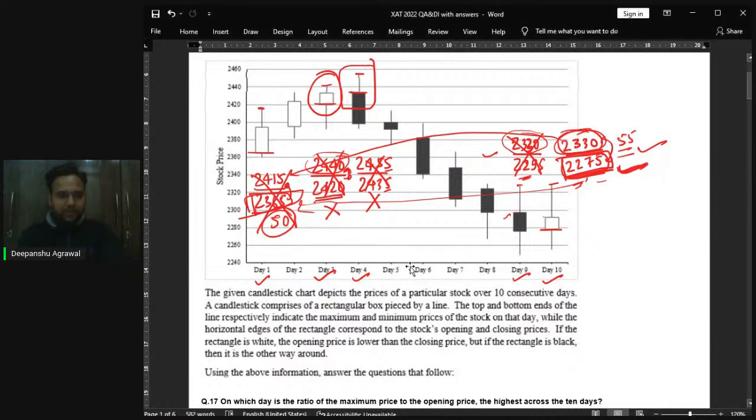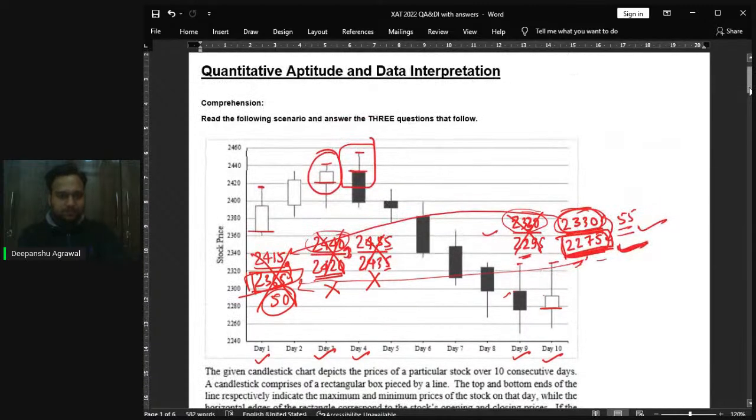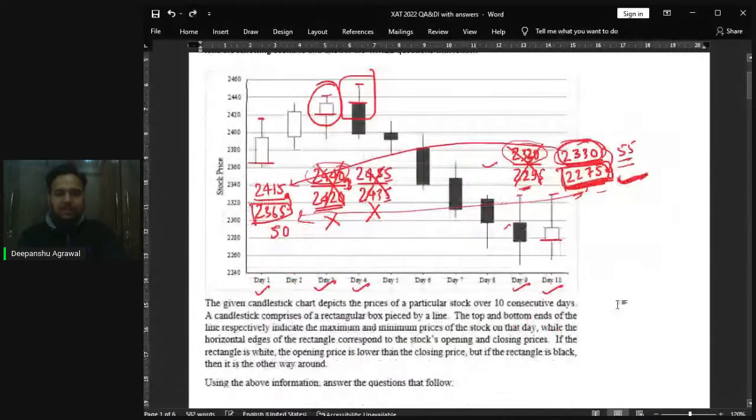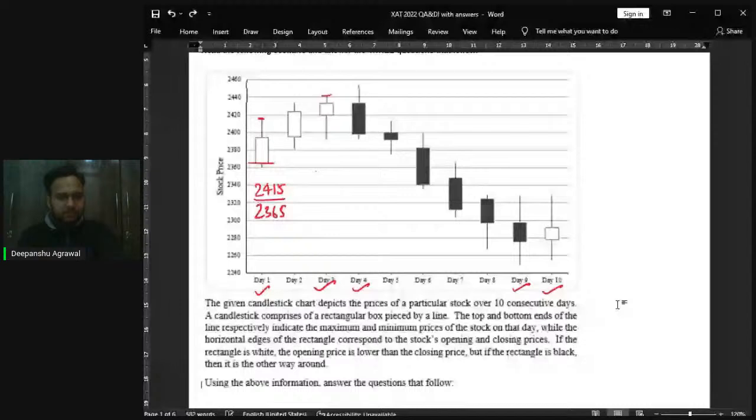Okay, let's move to the next one. To move to the next one, I have to erase all the things that we have done in this one. Just give me a second.